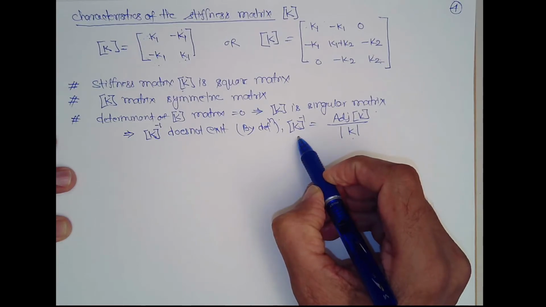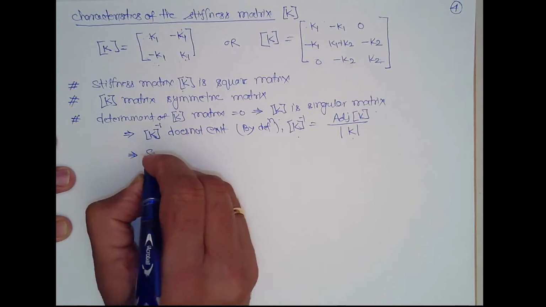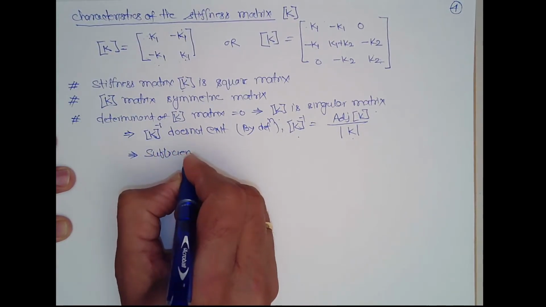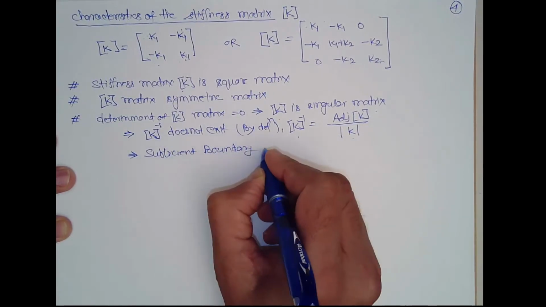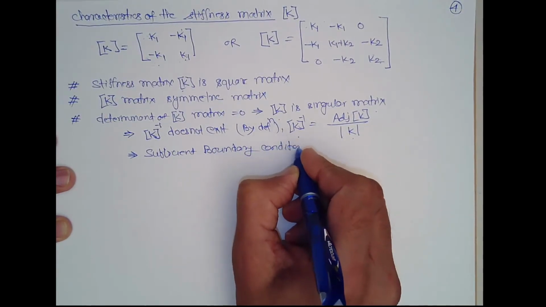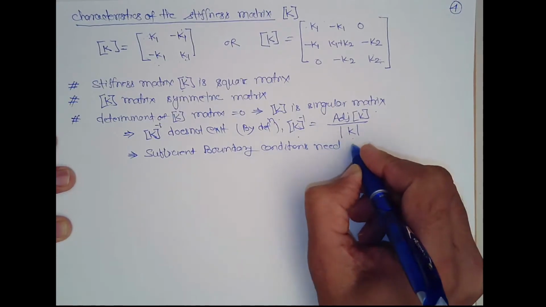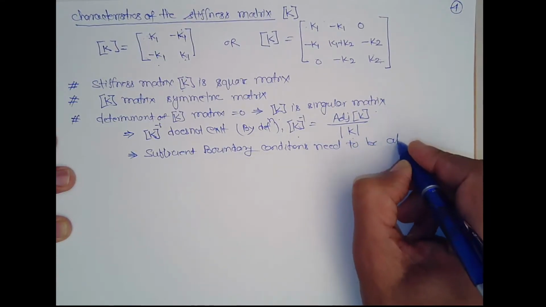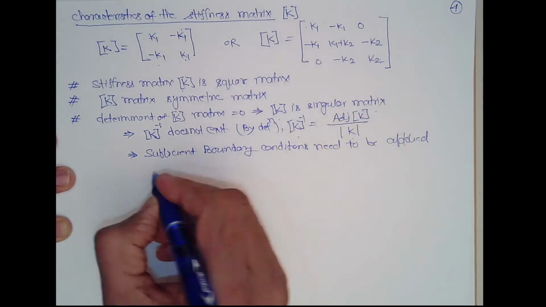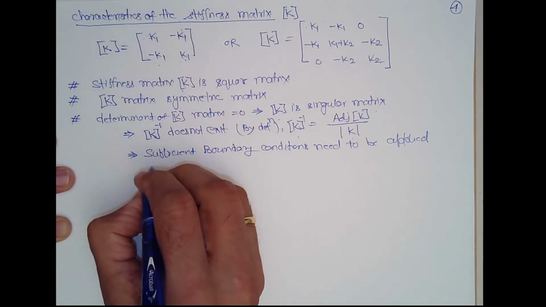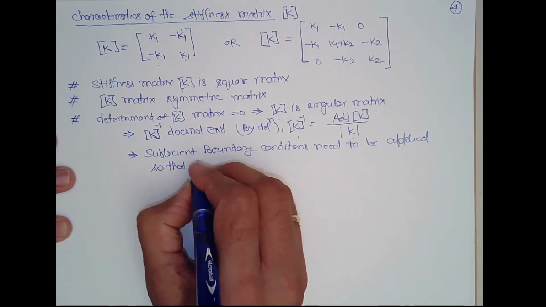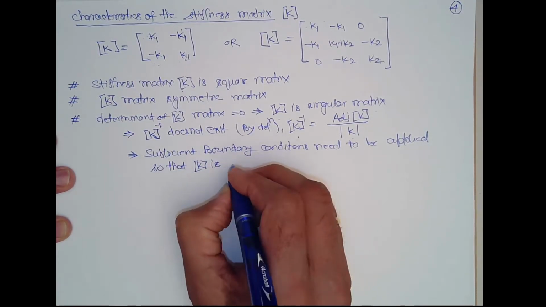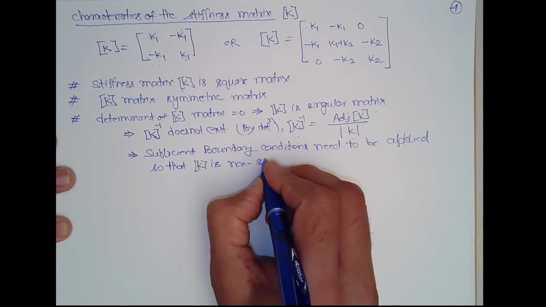And so what do we have to do? Meaning thereby, this implies sufficient boundary conditions need to be applied to the spring system so that K is non-singular.